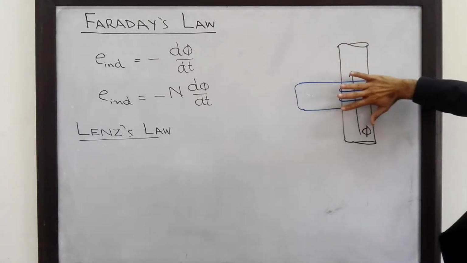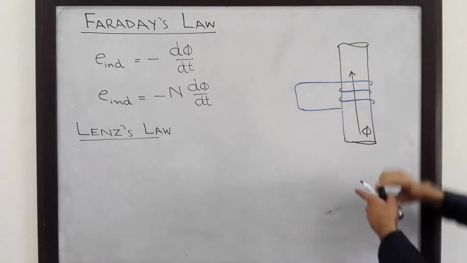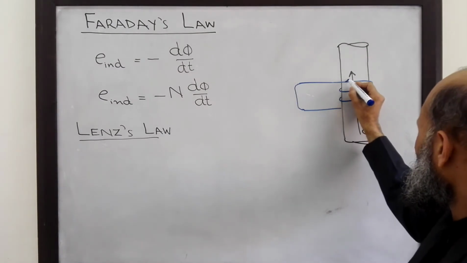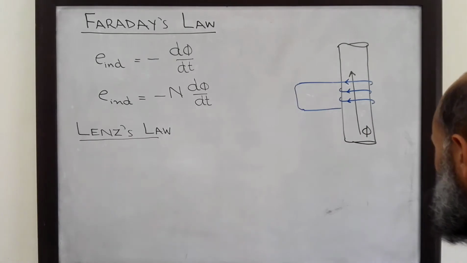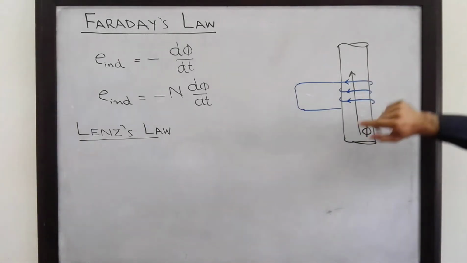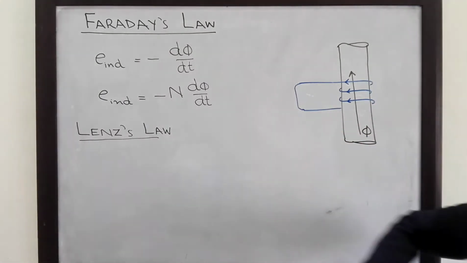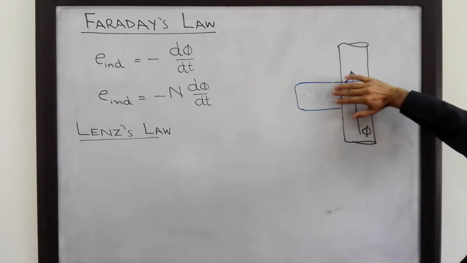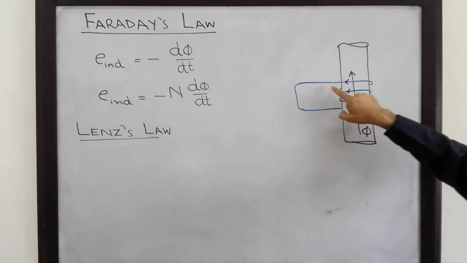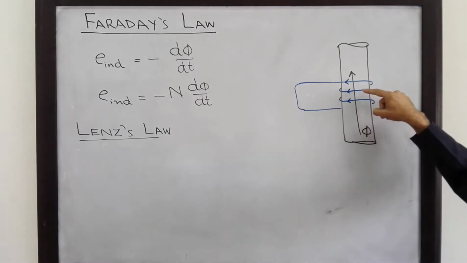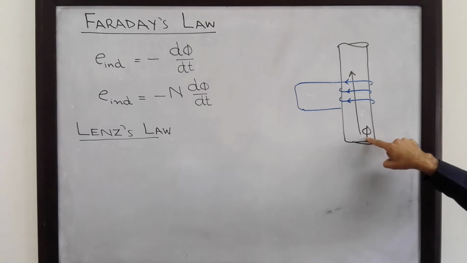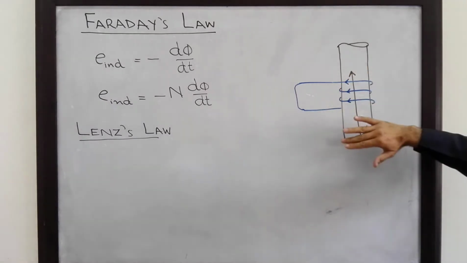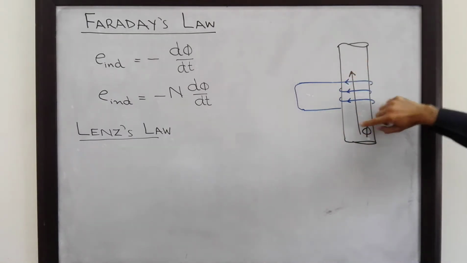That is, the direction of current will be indicated by the fingers. This will be the direction of current in the coil. So Lenz's law states that the direction of induced voltage will be such that it will oppose the cause producing it. The cause which is producing it is this flux. So due to current in this coil, another flux will be produced which will oppose this flux.